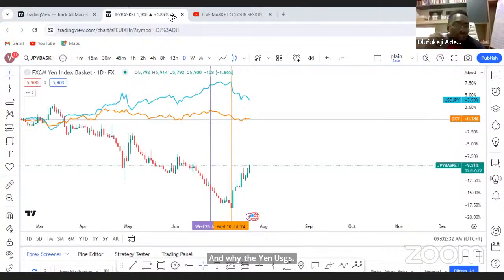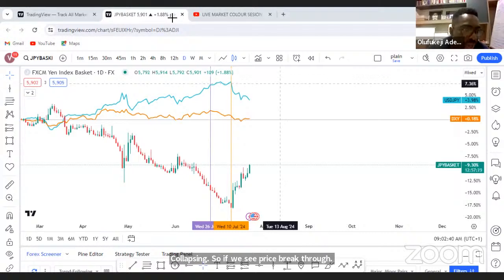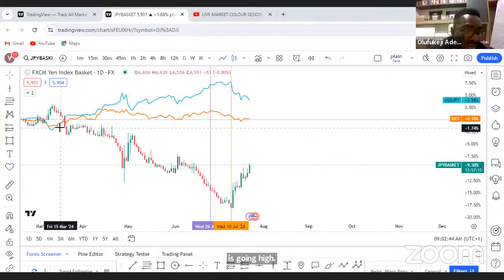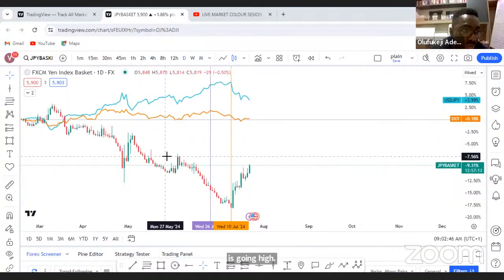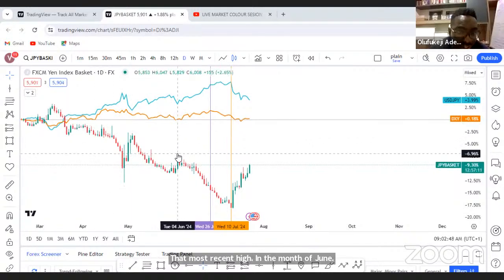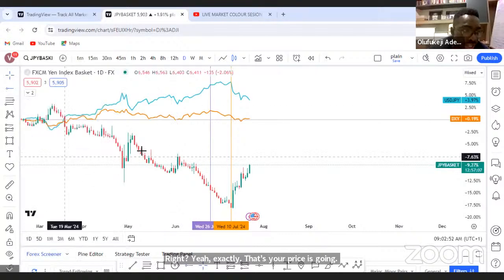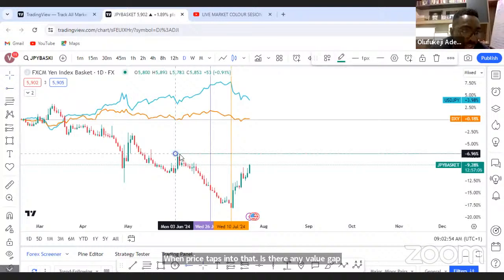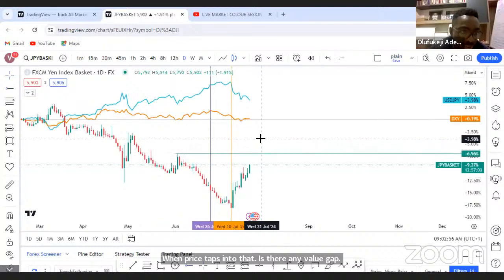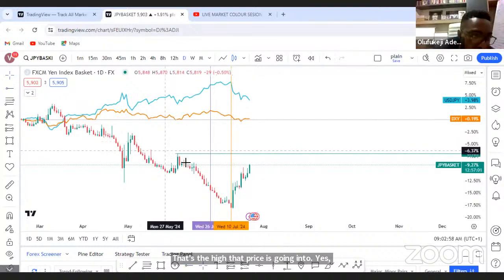All the yen pairs are collapsing. So if we see price break through that, of course, you know where price is going. Price is going for that most recent high in the month of June. Right there, exactly. When price taps into that, is there any fair value gap?